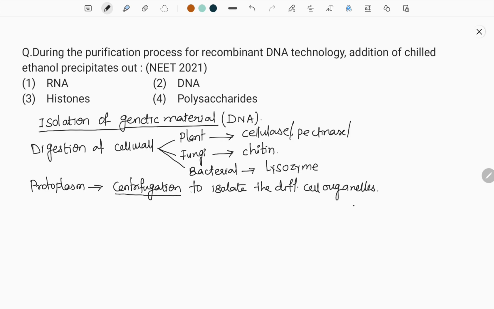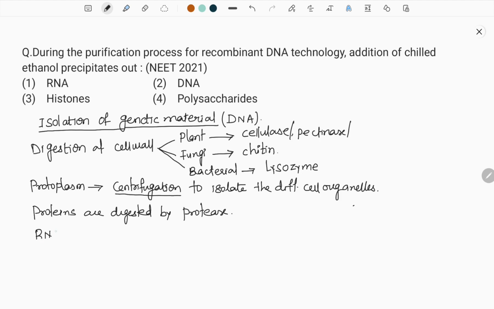Thereafter, after isolation of all the cell organelles along with the genetic material, we know that RNA and proteins are present. So, proteins are digested by an enzyme called protease. And after digesting the proteins, we get the RNA.